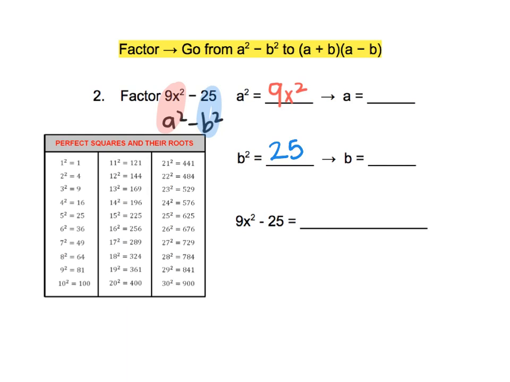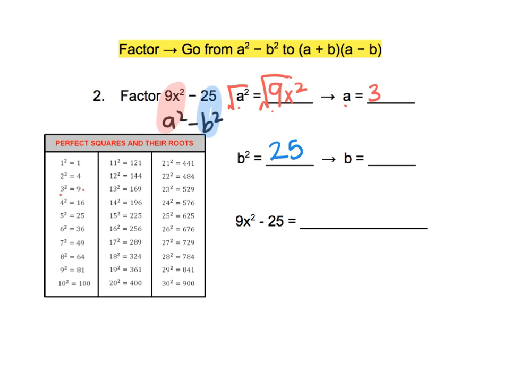To go from a squared to a, I just need to take the square root of both sides. The square root of a squared gave me that a, but the square root of 9x squared: first we do the square root of 9, which is 3. Again, notice 9 shows up here, 3 shows up there.